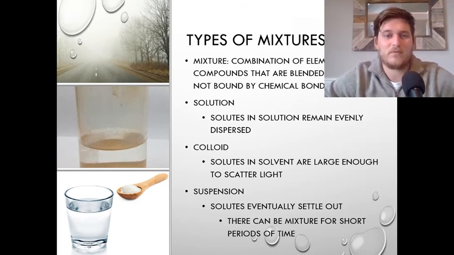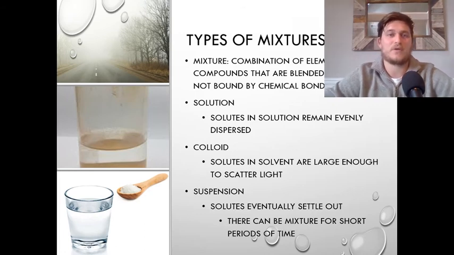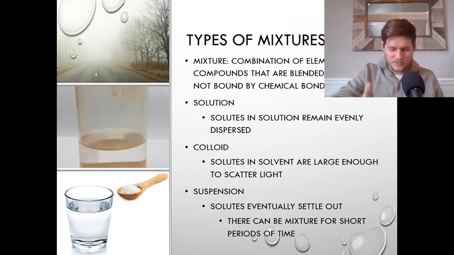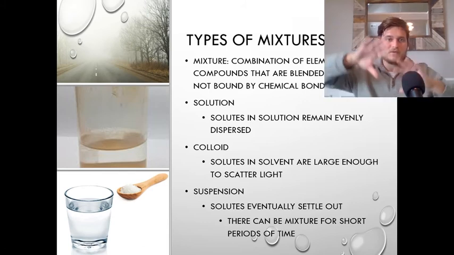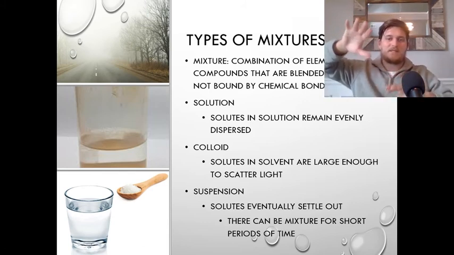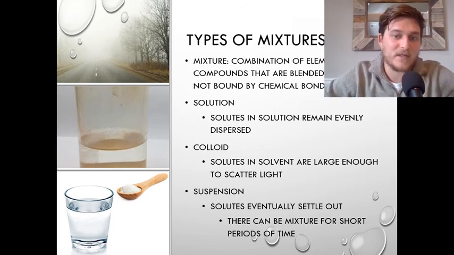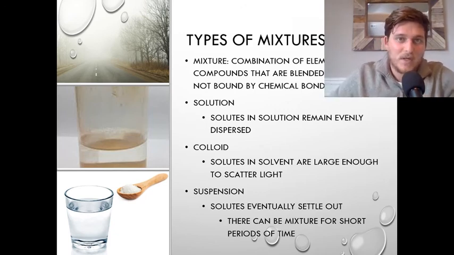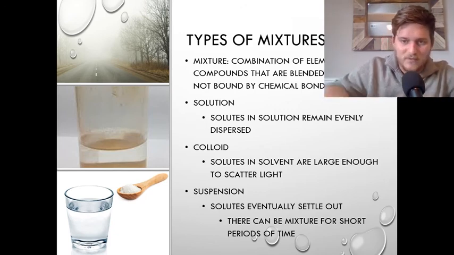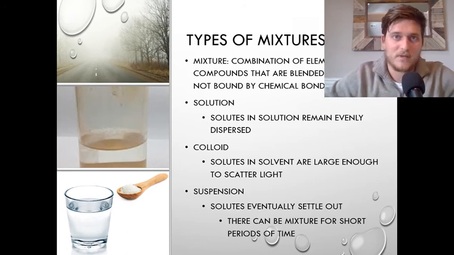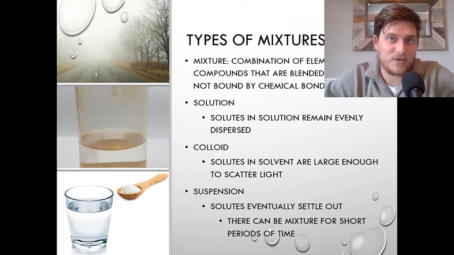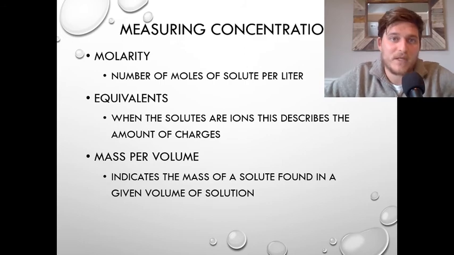For a solution or a colloid, if you took that mixture and settled it, those particles are going to be dispersed within that solvent, while with a suspension, as soon as you settled it, those solutes would come down to the bottom of that mixture.